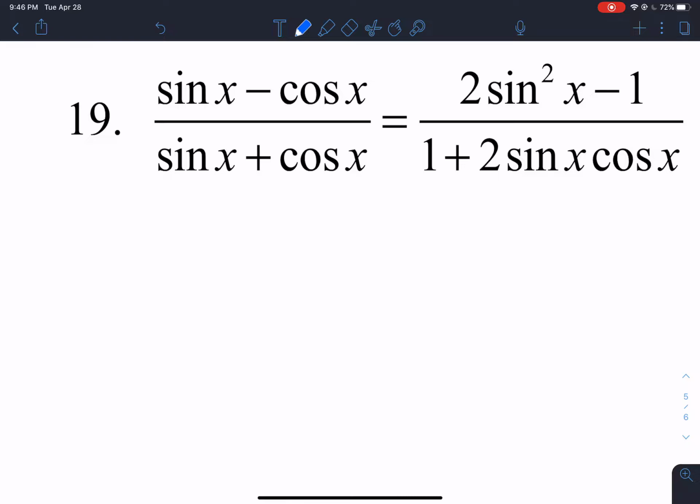Okay, so you should recognize that you have kind of opposites here on the left side.